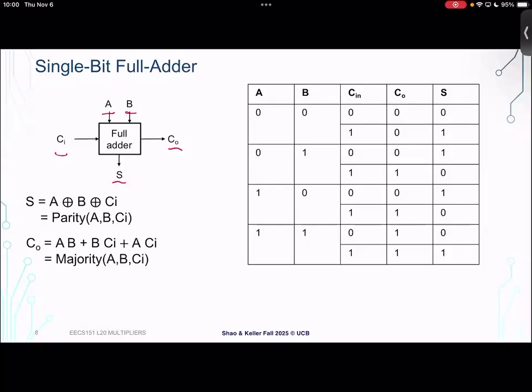It's true if the number of 1s is odd, and false if the number of 1s is even. And carry out, you can think of as also called a majority gate, because it's true if the majority of the inputs are true. So this cell is going to be our building block for what comes after. But from a single bit perspective, it's pretty digestible. It's pretty understandable.